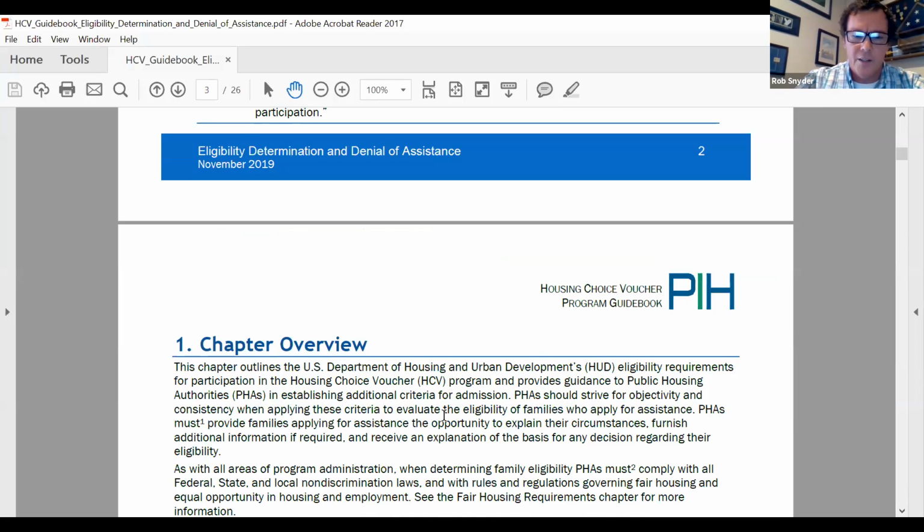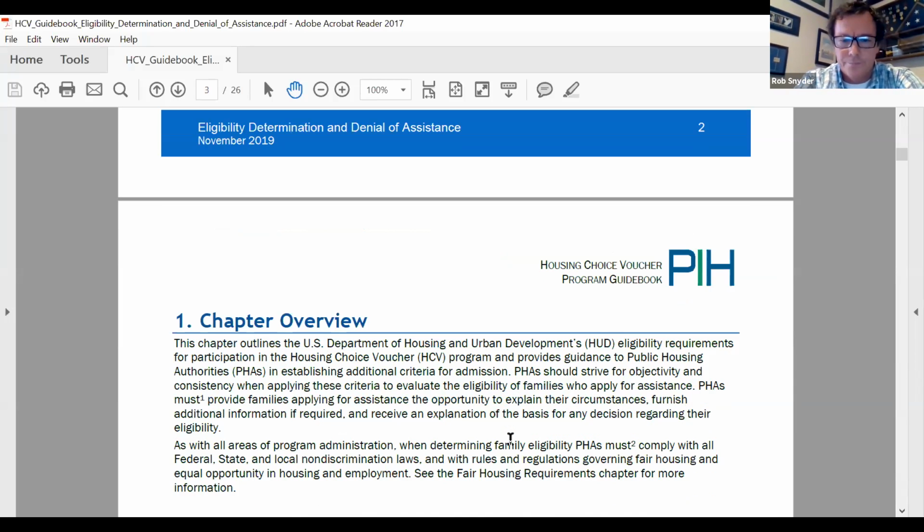In chapter 1, it talks about requirements for housing authorities, and I think it's the third sentence here. It says housing authorities should strive for objectivity and consistency when applying the criteria to evaluate eligibility of families who apply.